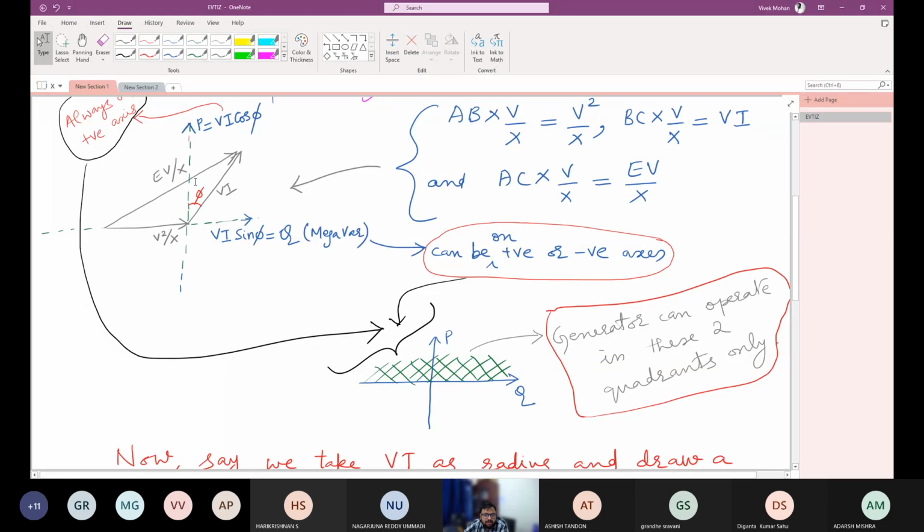So the total range of active and reactive power, or the maximum active and reactive power that can be delivered by the synchronous machine, is decided by this locus, how much this radius can elongate. Okay, so we'll see that.